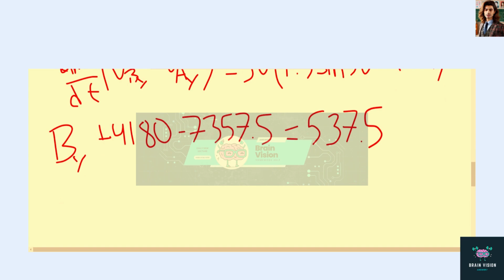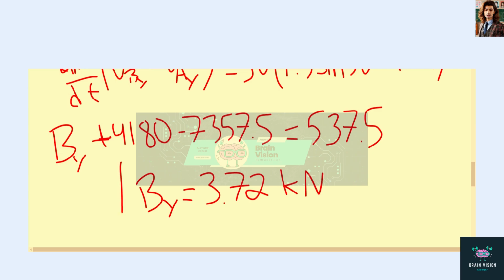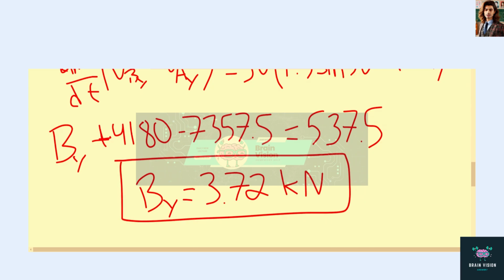So now we have all the numbers, and it's just solving for By at this point. So once you plug and chug all that, you get By is equal to 3.72 kilonewtons. And now you have all the vertical and horizontal forces at point A and point B.